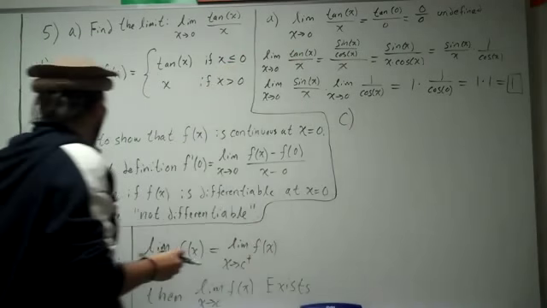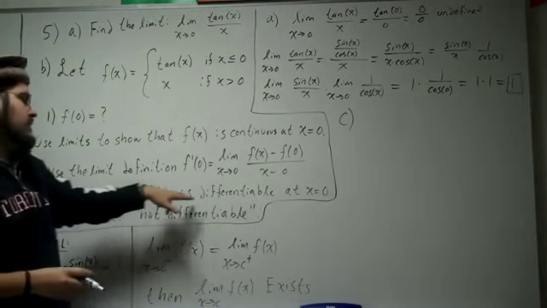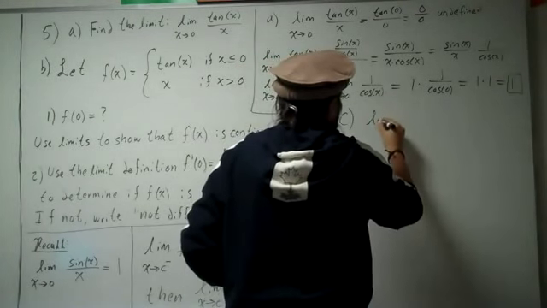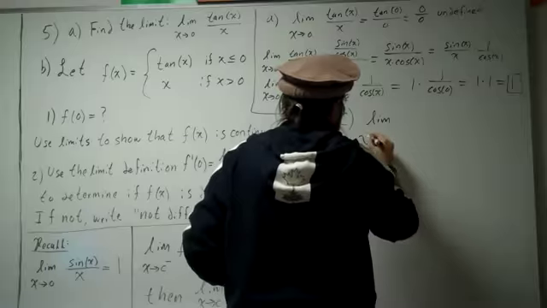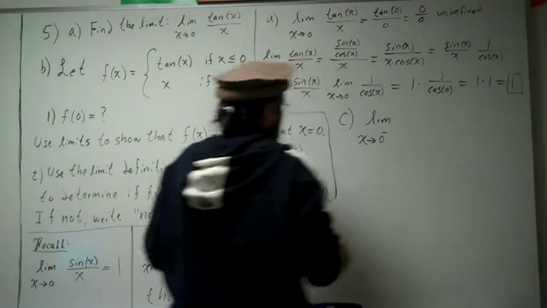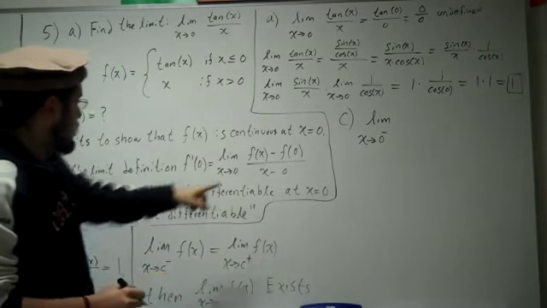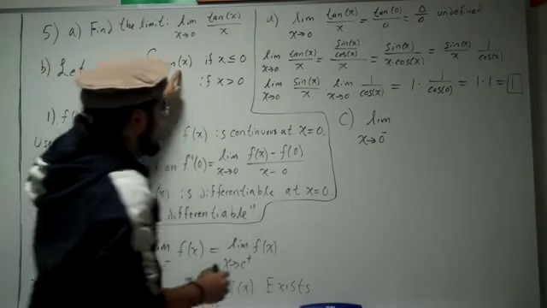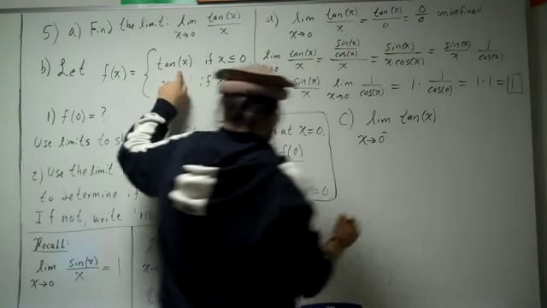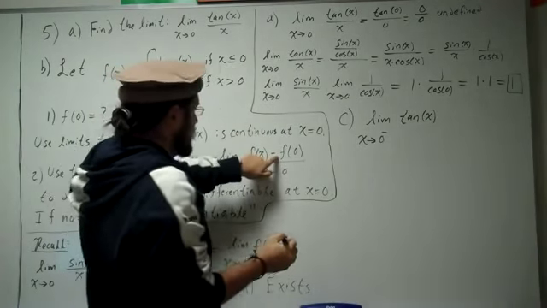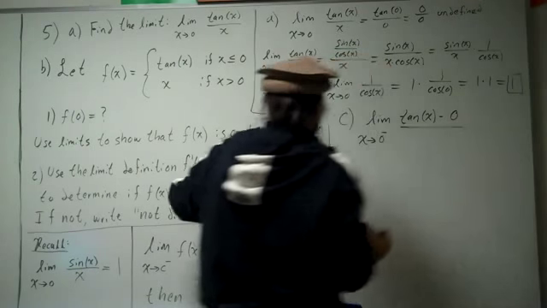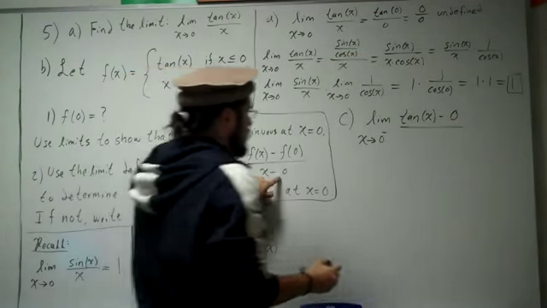So to determine if f of x is differentiable at x equals 0, we have to compute the limit as x approaches 0 from the left. If we approach from the left, we're going to have tangent of x minus tangent of 0, which is 0, divided by x minus 0.